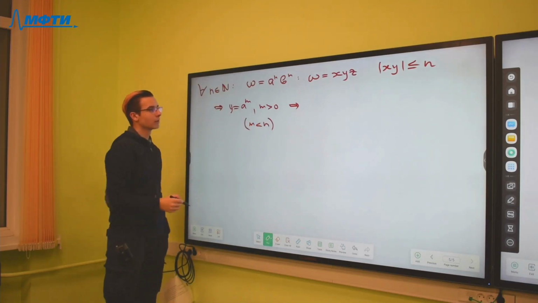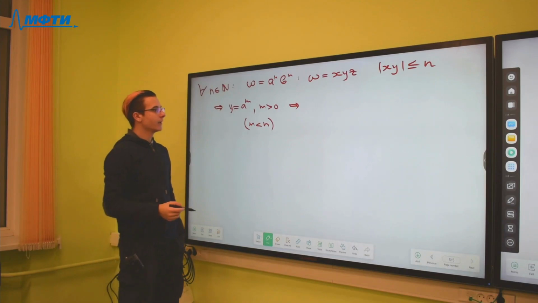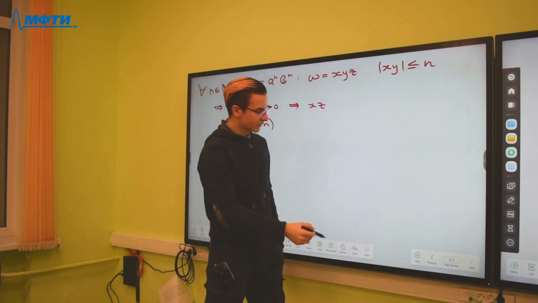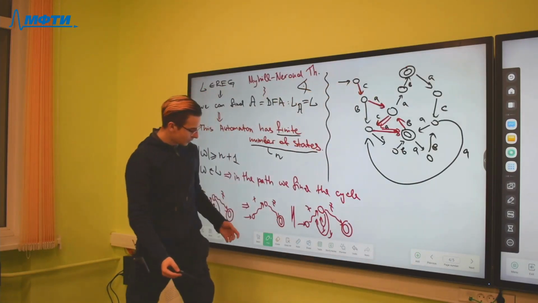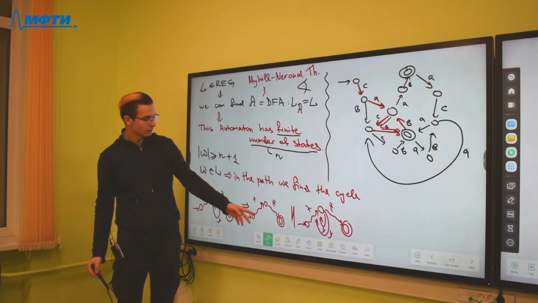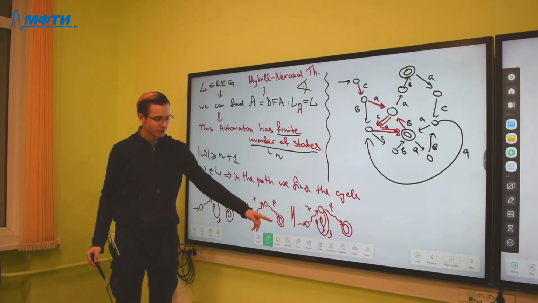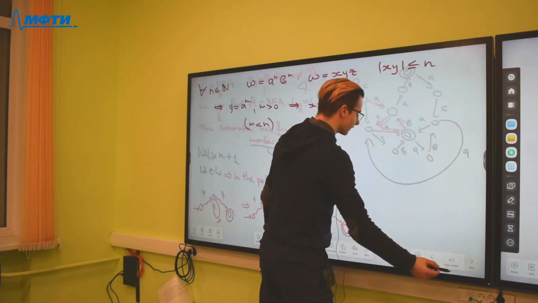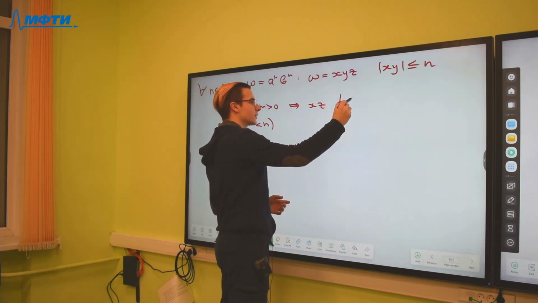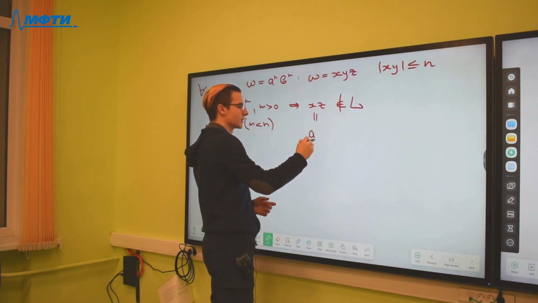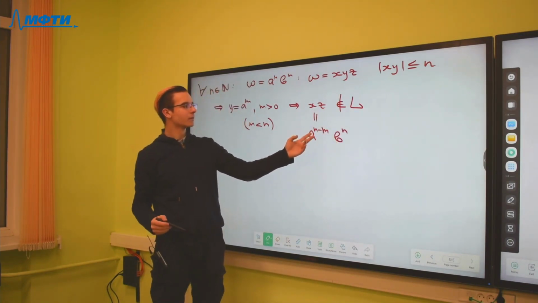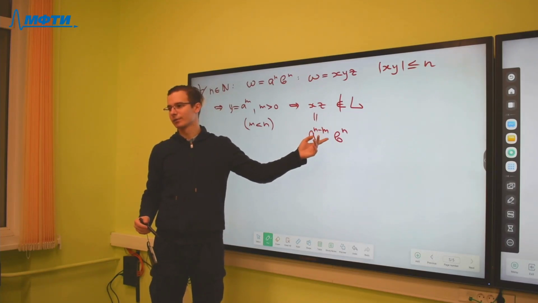And then, for example, xz, as here, i can be equal to 0. Yeah, we can find the base xz. And xz is not in the language, because a in power n minus m and b in power n, these two numbers are not equal.